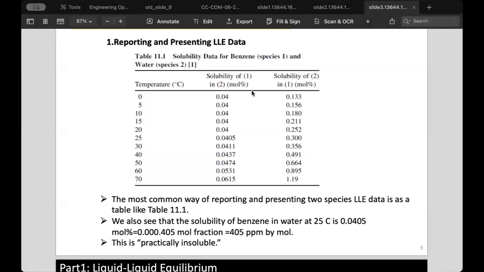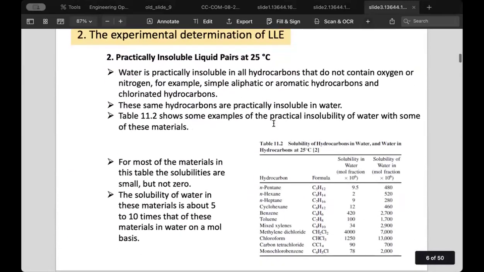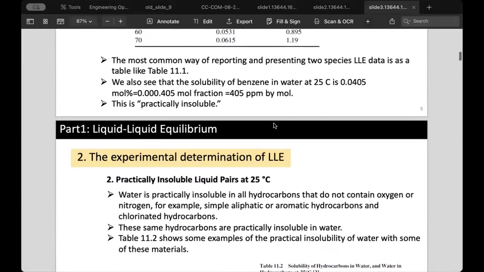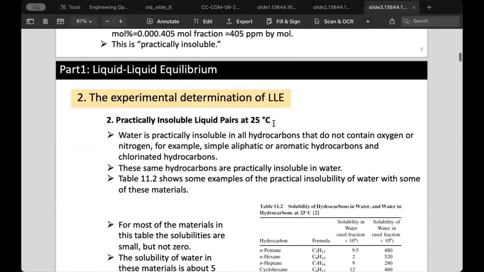This case we call practically insoluble, because at 25 degrees it is 0.0405. That is only 400 ppm, very small. So it is practically immiscible, practically insoluble.